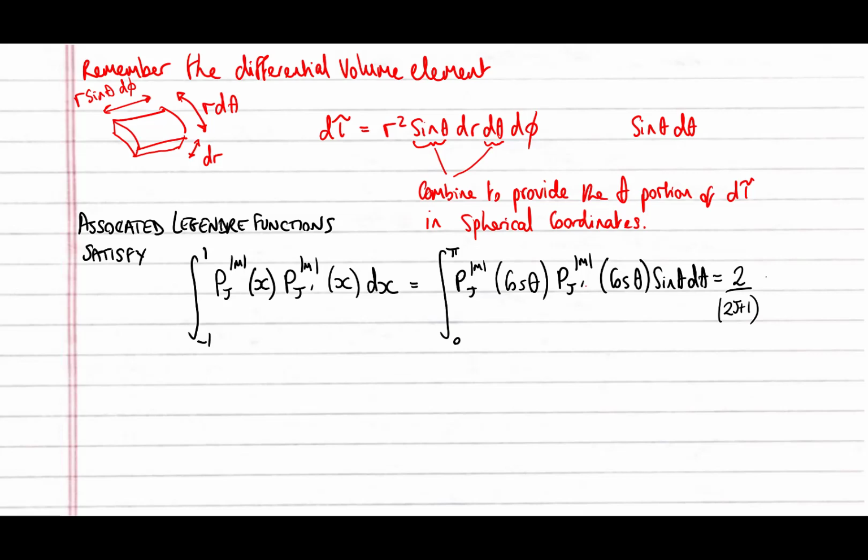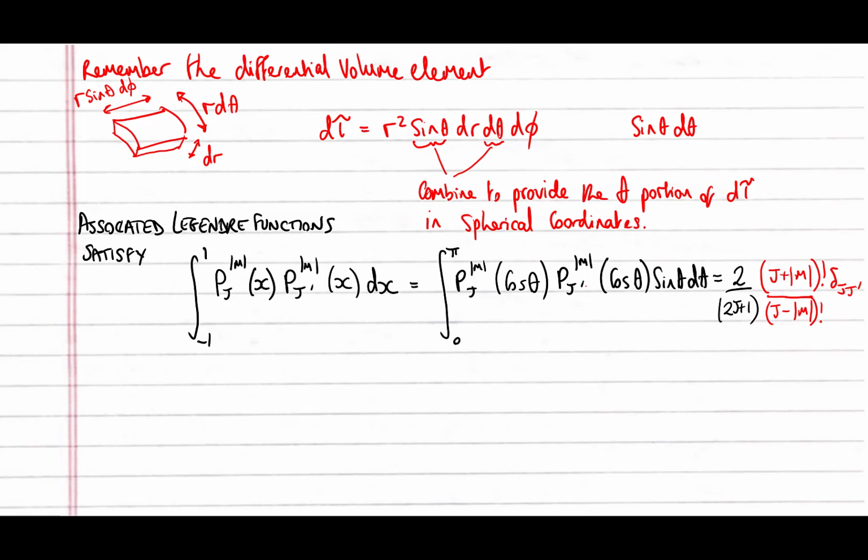But now we've got this additional term in here that will be j plus the magnitude of m factorial over j minus m factorial. And that's the Kronecker delta in here that again says that this is equally valid.